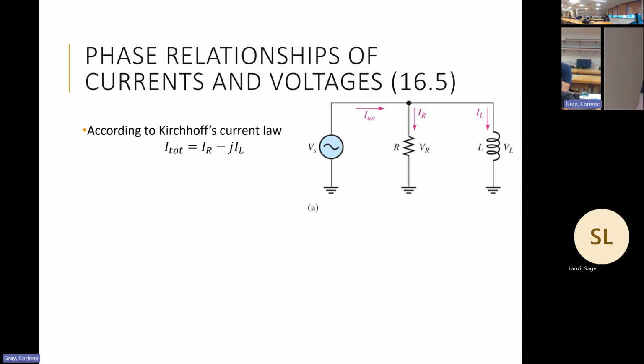So here we have Kirchhoff's current law written out. We have the total current that's coming from our source. It splits between the resistor and the inductor, and it can be described as the current through the resistor minus the imaginary component from the inductor.